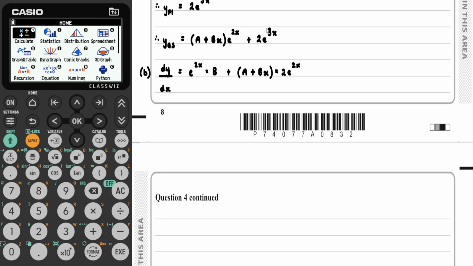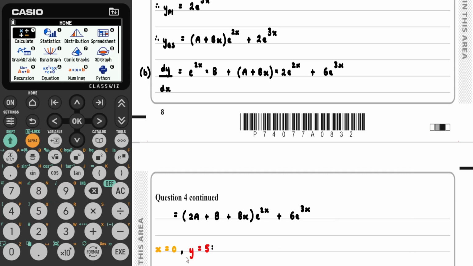And then we add on to this the differential of 2e to the 3x, which is 6e to the 3x. From the first two terms, we can factorize out an e to the 2x, and so we will be left with 2a plus b plus bx, and then we add on to this 6e to the 3x.